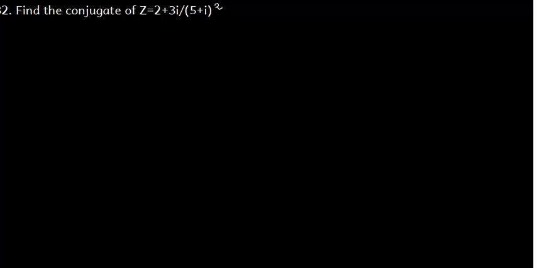Find the conjugate of z, which is equal to (2 + 3i) over (5 + i) squared. So we've been given that z is equal to (2 + 3i) divided by (5 + i) squared. Now the first thing that we want to do is to work with what is in the denominator to simplify it.